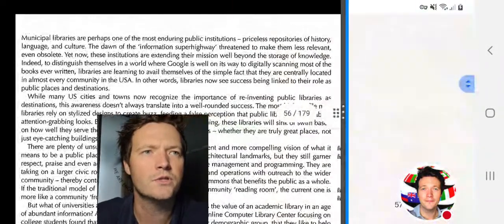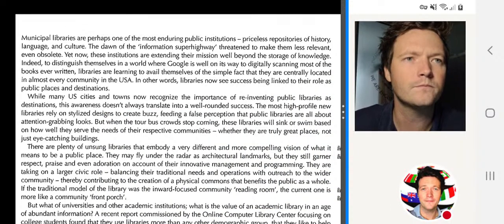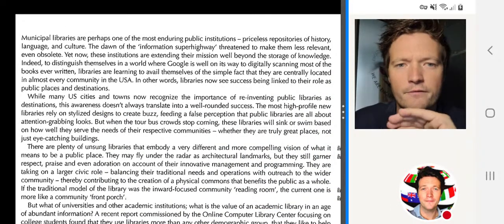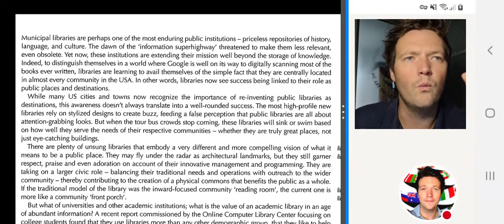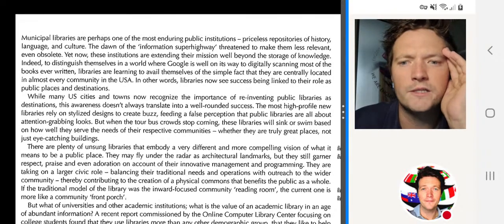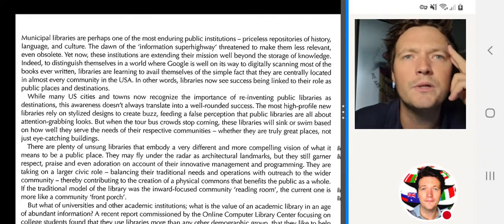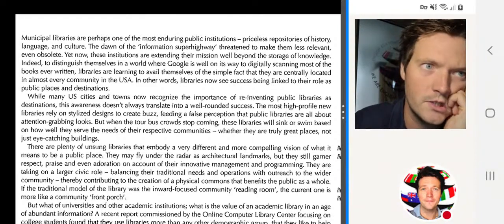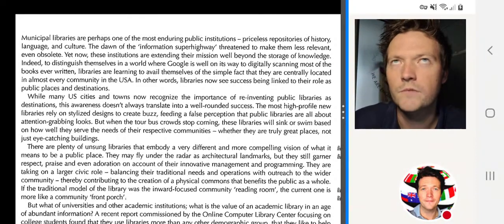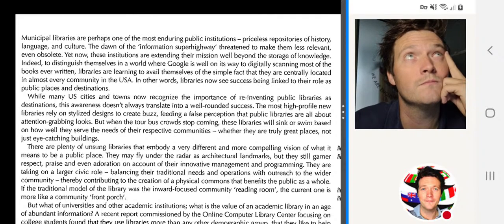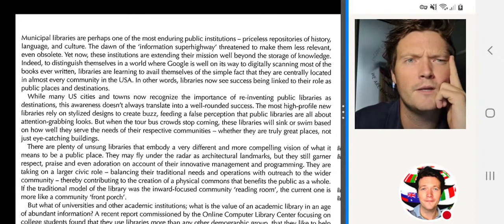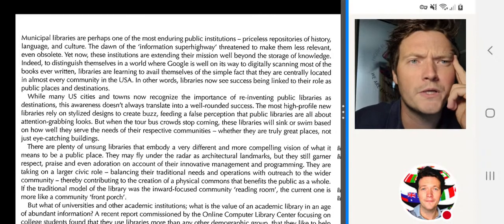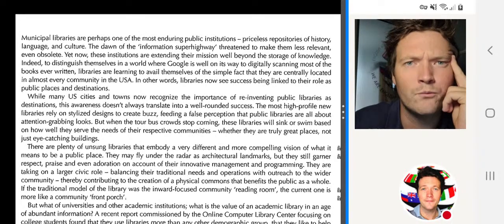Okay, so I'm just going to ignore the questions for now, and I'm going to look at the first paragraph. So what is the point that the writer is trying to make? He says, municipal libraries are perhaps one of the most enduring public institutions. Well, they're an enduring public institution. They've been around for a long time, right? Priceless repositories of history, language, and culture.